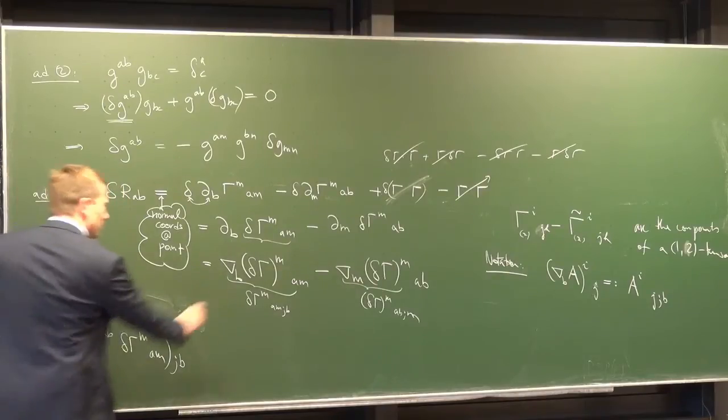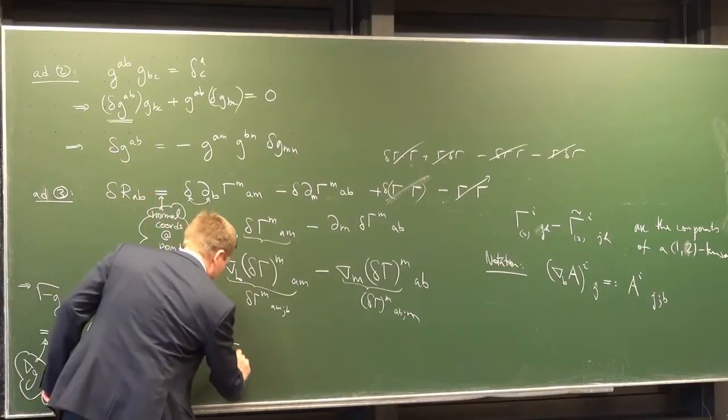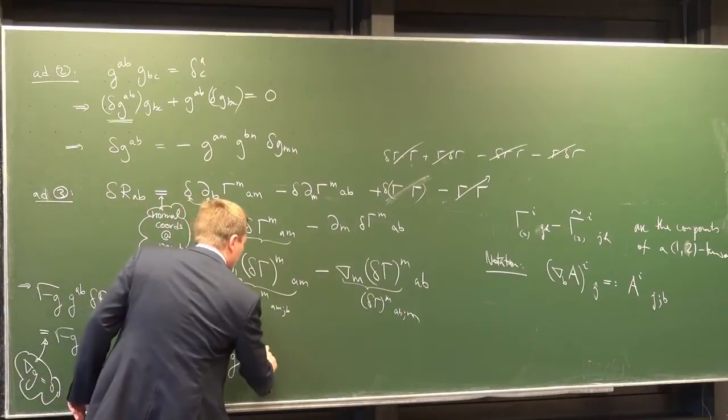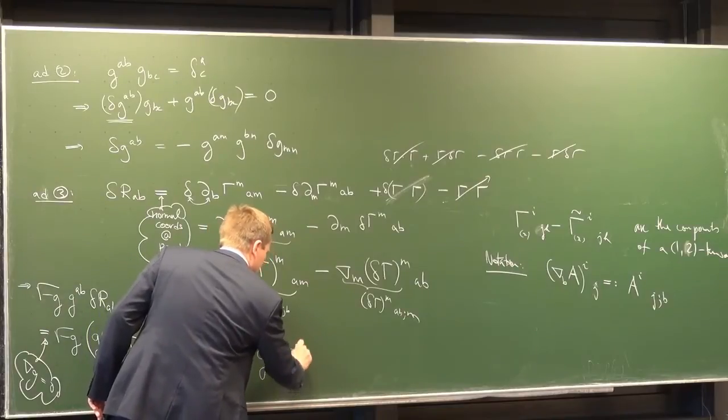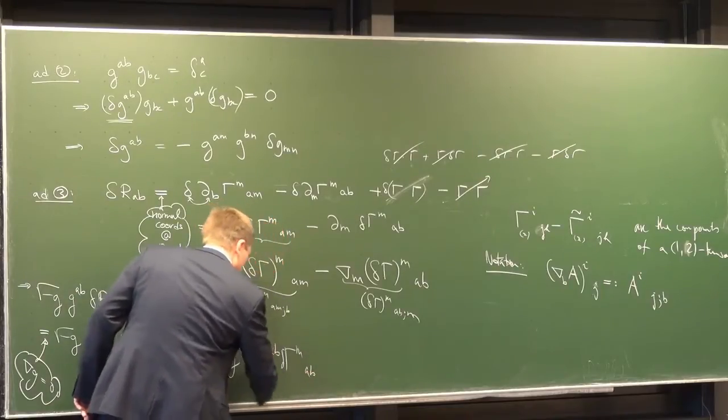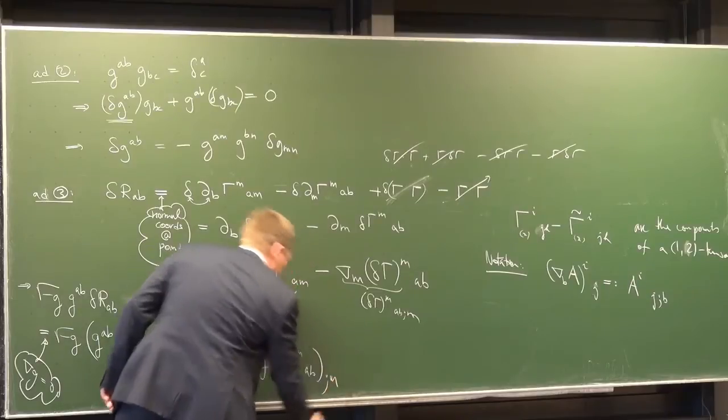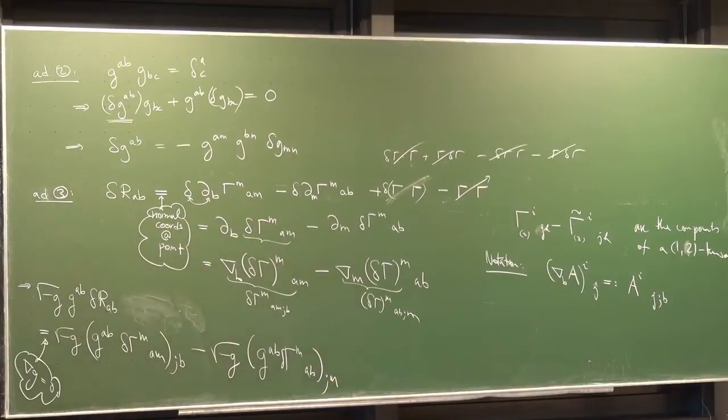That's this first term, minus square root of minus g, g^AB delta gamma, importantly, MAB in brackets, semicolon M. That looks much better. Why does it look better?